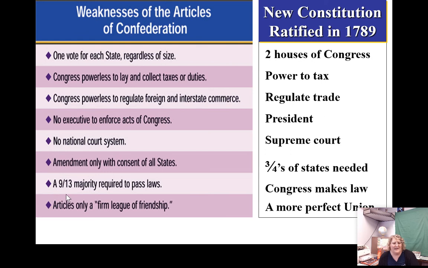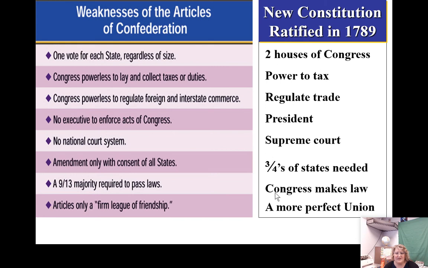In the Articles, you had to have a 9/13 majority to pass laws, which was, again, a hard hurdle to pass. So Congress can now make laws based on just a majority, and then the president can veto that law if it does not pass muster with the president. So that gives a little bit of a check on Congress. So it's easier to pass laws, but there also is a check on that.